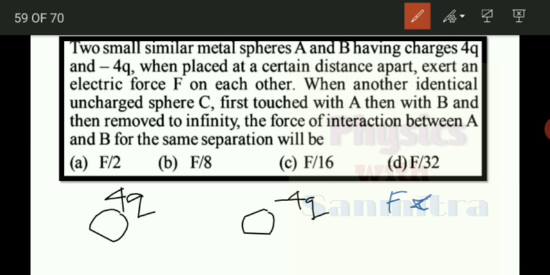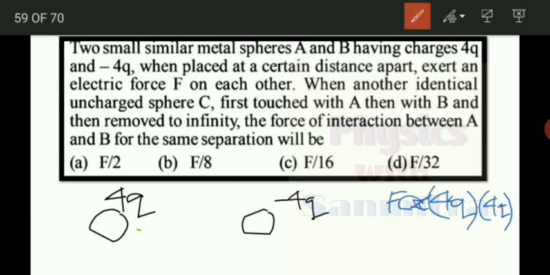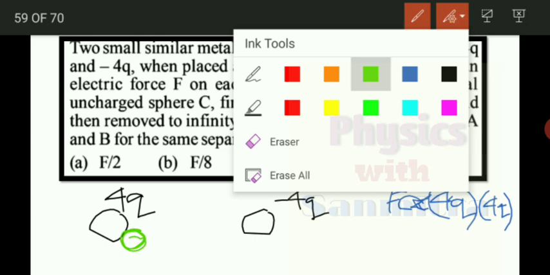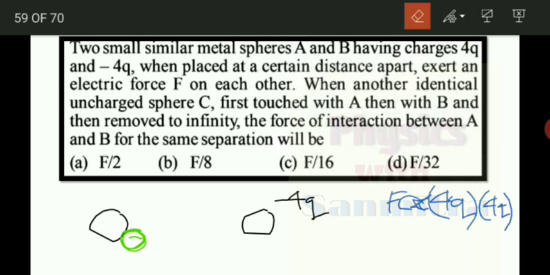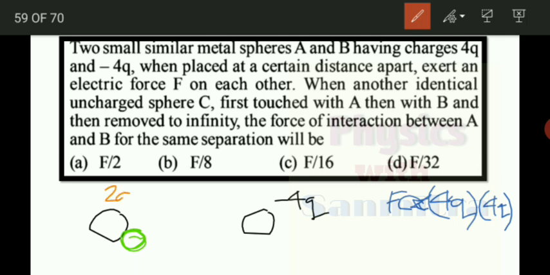4q into 4q. Now I am taking an uncharged sphere and touching it with the charged sphere. After touching, it is 4q plus 0, and everything is the same, so 4q plus 0 by 2, that is 2q and 2q.